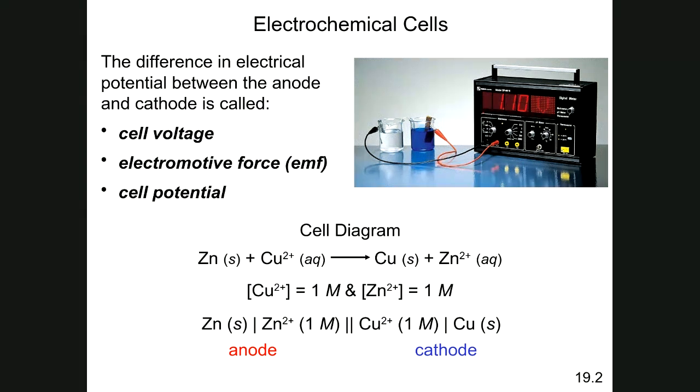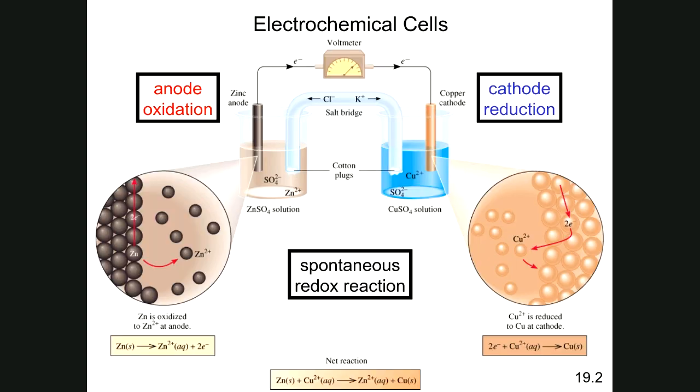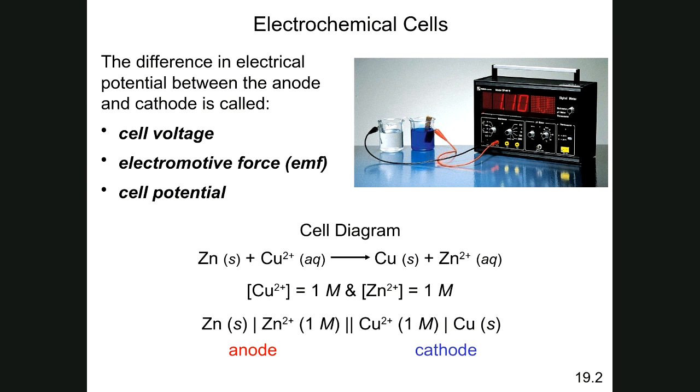For the diagram, you have two ways to show what's in the cathode and what's in the anode. One is to draw this whole thing, label this cathode, label this anode, and show that copper is being reduced in the cathode and zinc is being oxidized in the anode. Or write the diagram in this format.